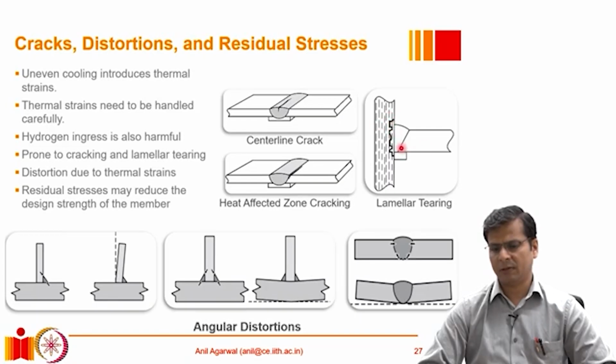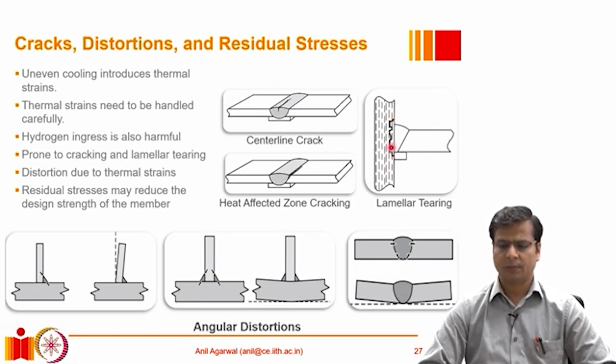If we provide a welded connection in such a way that it introduces a tension on those interfaces, there is a high likelihood of a failure, which is typically classified as lamellar tearing. Lamellar tearing basically corresponds to the tearing of these interfaces which are introduced as a part of the hot rolling process.